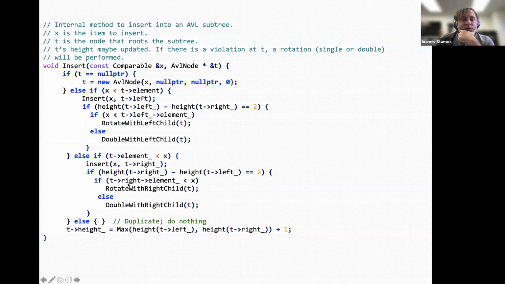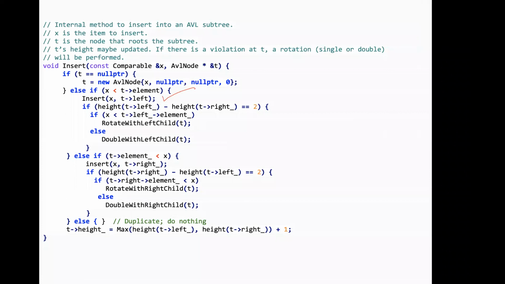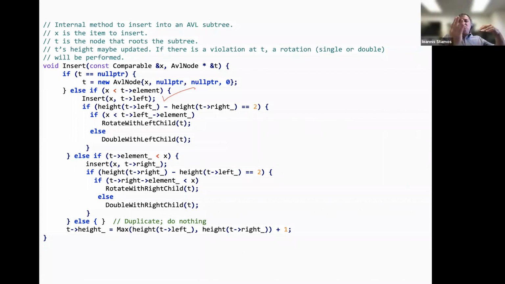All right. So the difference here is when do you check for violation? Basically, after insert x comma t left, for instance, you check for violation. When will you come back there? After you've inserted the actual node. As you remember, when we saw the diagrams, you go from the root to the leaf.